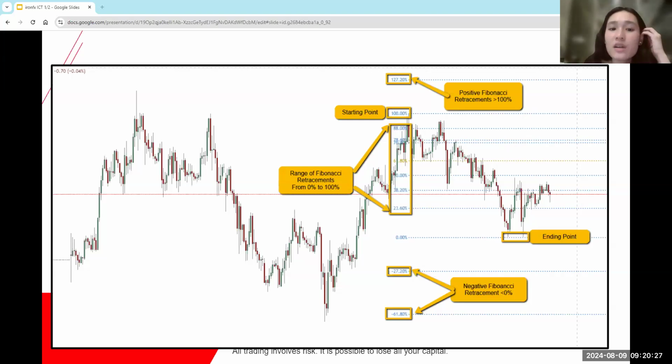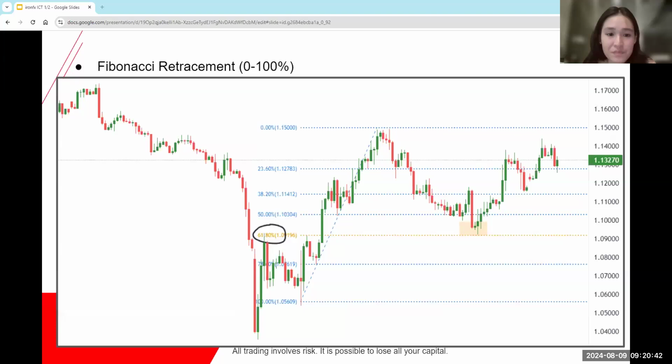Namely, for extension, we use 127 and 161.8. But for all of these different Fibonacci techniques, we are using only the same tool, which is your Fibonacci retracement tool.